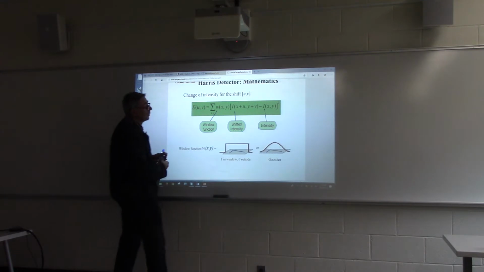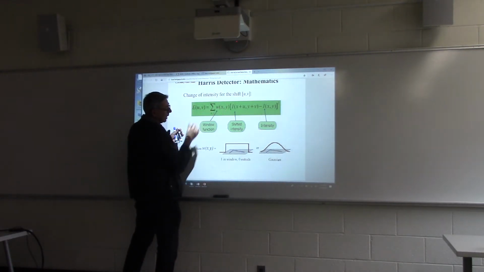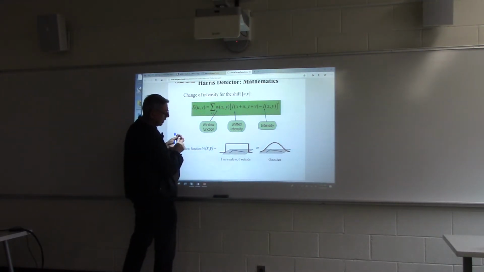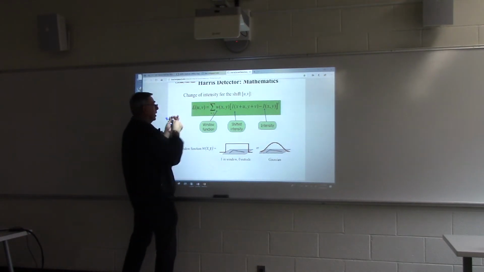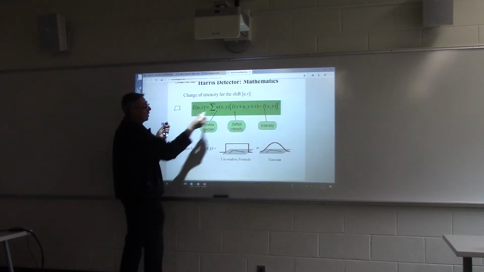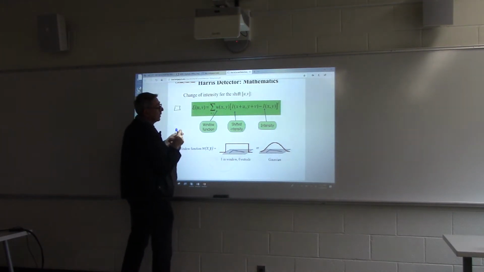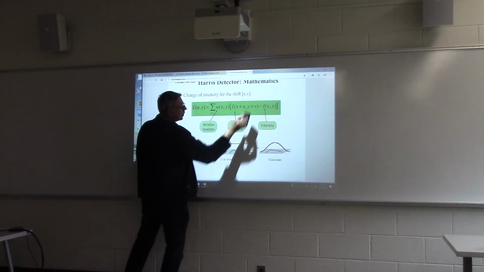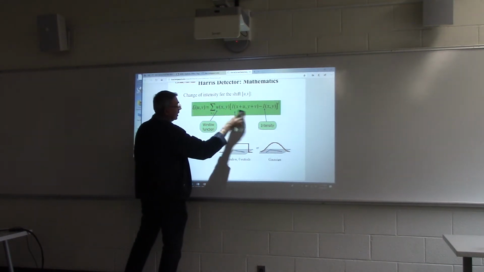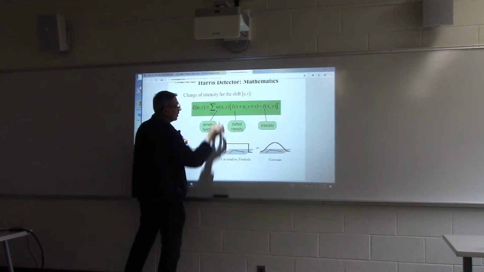Okay, so W(x,y) basically is a small window over here. In 2 dimensions, think of this as a box, W(x,y). And I(x+u, y+v), so (u,v) is the variation that we are going to move it by.